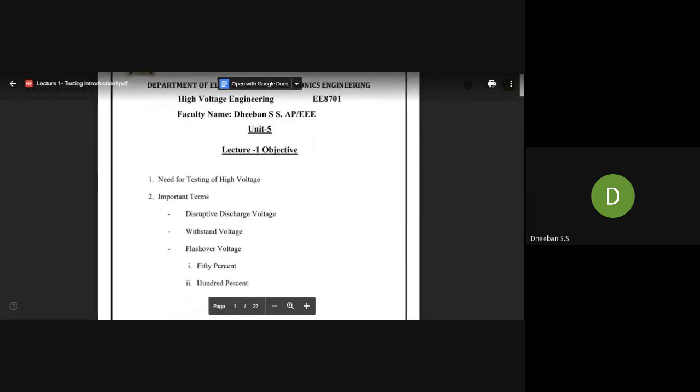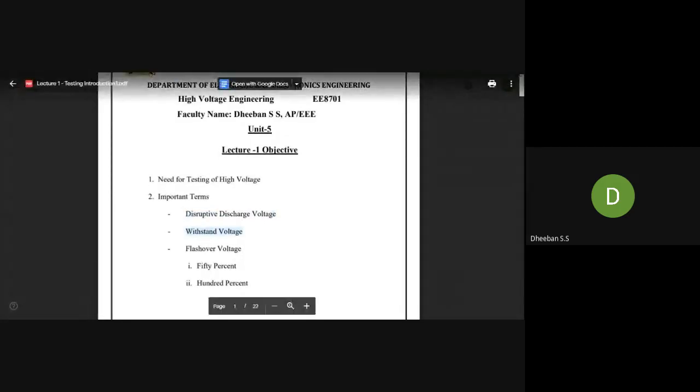So these are the contents we'll be seeing. First, the need for testing of high voltage, followed by some important terms. These important terms will be asked in your 2 marks. So disruptive discharge voltage, this you already have studied in your first unit as critical disruptive discharge voltage, in case of corona.